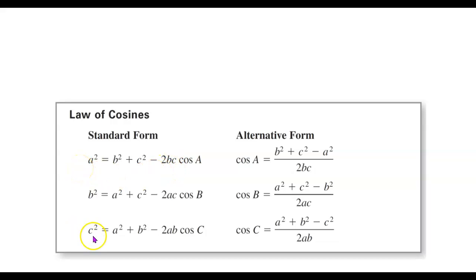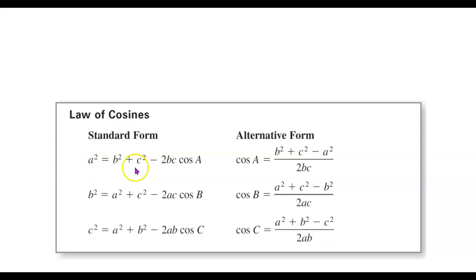So we could say, like we just were looking at, c squared equals a squared plus b squared minus 2ab cosine C. Or we could say b squared equals a squared plus c squared minus 2ac cosine B. Or we could say a squared equals b squared plus c squared minus 2bc cosine A. Either way, it's saying any one side squared is equal to the sum of the squares of the other two sides minus 2 times those two sides multiplied together times the cosine of the angle between those two sides and opposite or across from the side you started with.